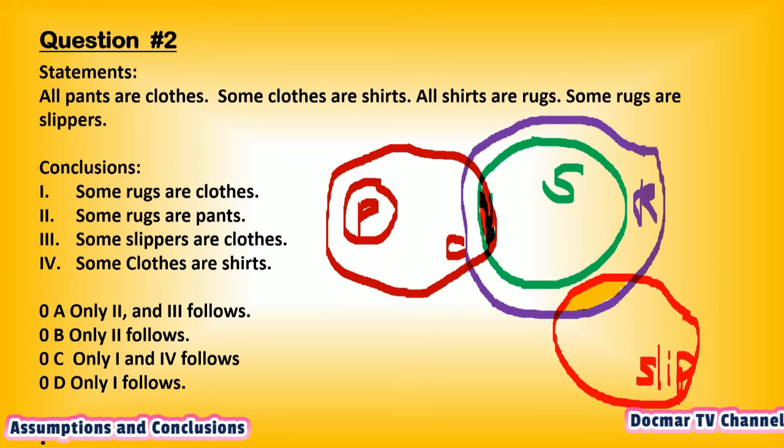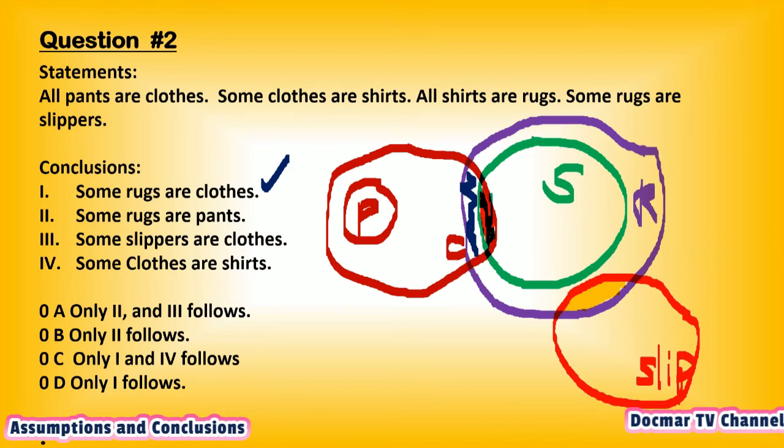Of course, we have to look at the conclusions. Some rugs are clothes. Let's see. You can see that some of the rugs, this violet one, are with the clothes. So some of the clothes are rugs. Check. I mean, some rugs are clothes.